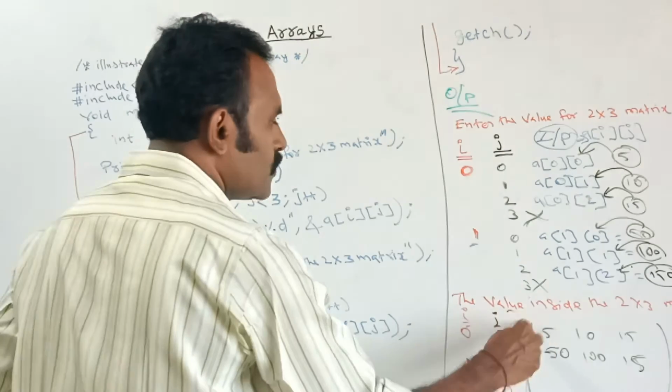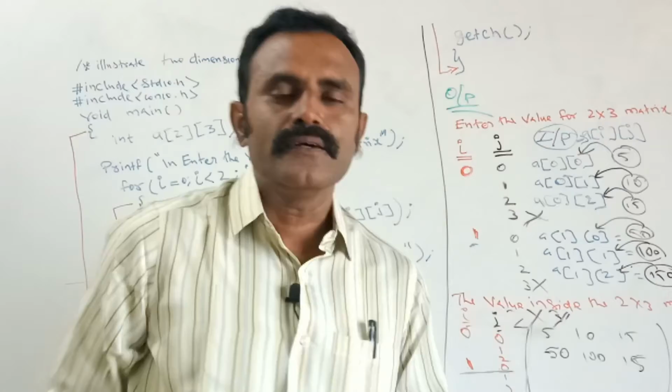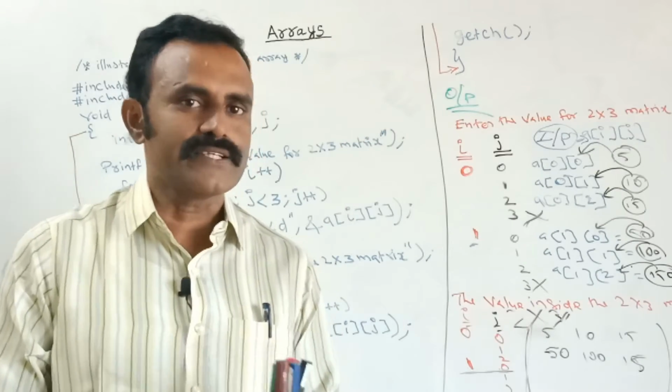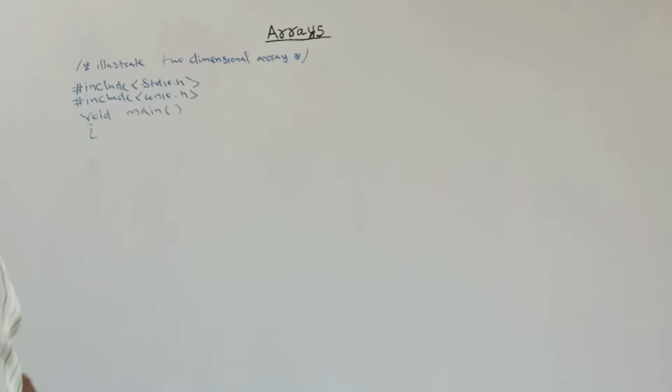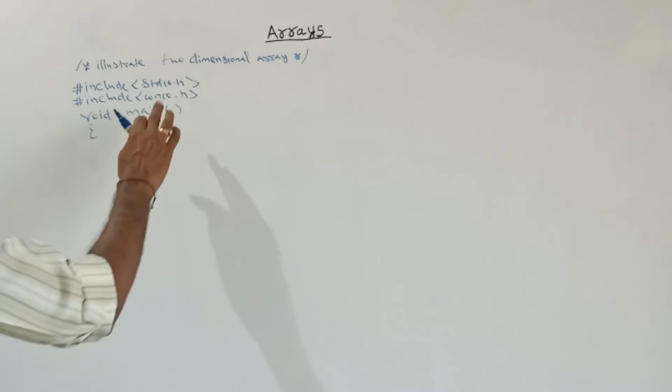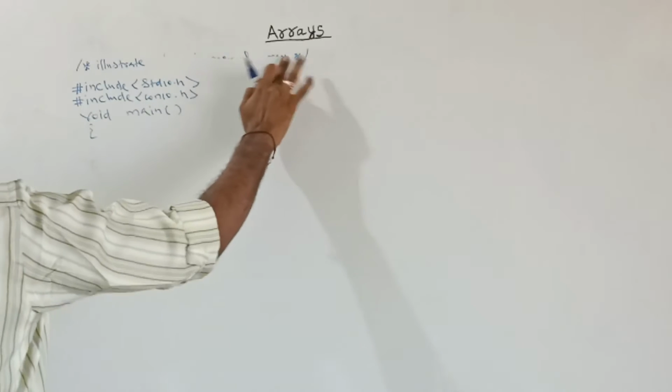This is the 2 cross 3 matrix. Now we are going to see the matrix addition. See here, this is used to illustrate matrix addition.